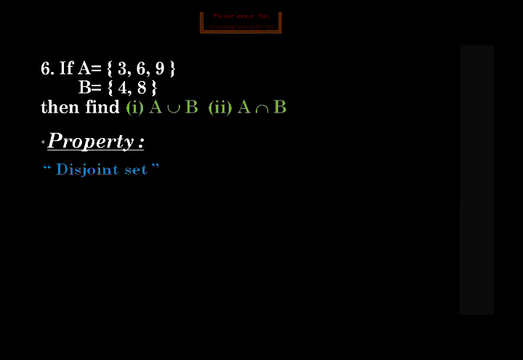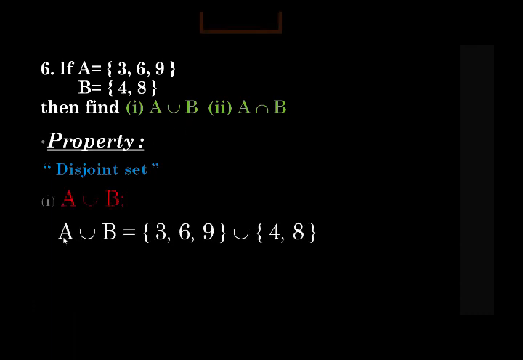Okay. Now the first one is A union B. How will we find it? Write down the elements of set A, 3, 6 and 9. Then put the symbol of union. Then write down the elements of set B, that is 4 and 8. What did we discuss in the previous class, what is the statement of union?